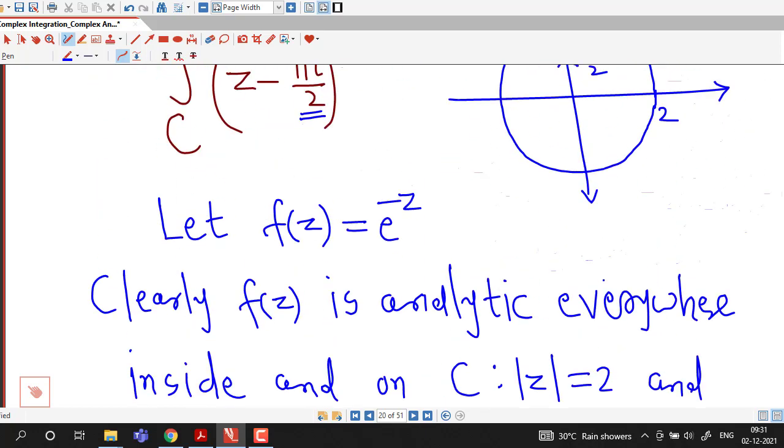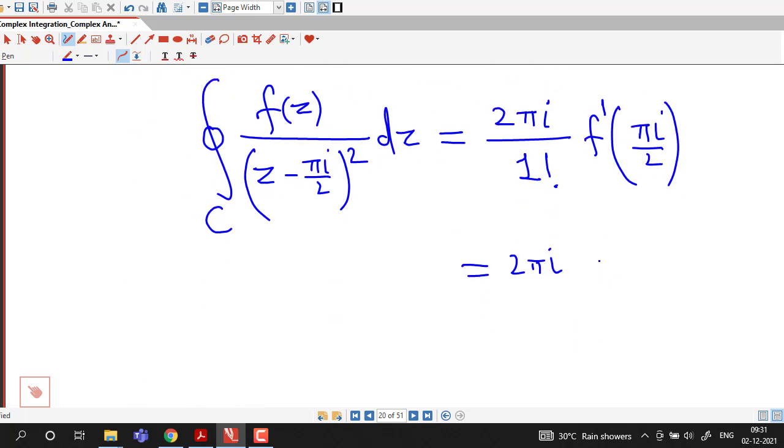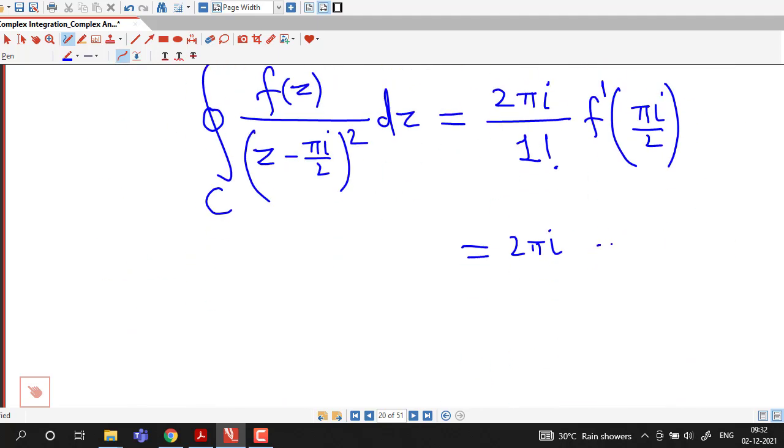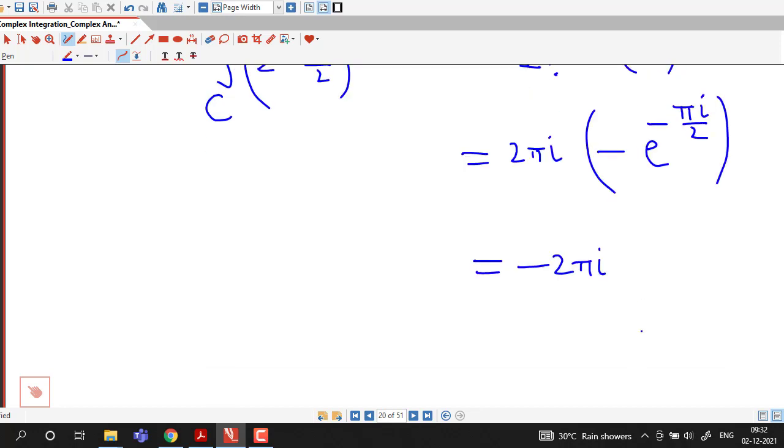Our function is e raised to minus z, so its first derivative is e raised to minus z times minus 1. So it is minus e raised to minus z. We are interested in the first derivative at pi i by 2, so we take z equal to pi i by 2. So we will have minus e raised to minus pi i by 2, and here this is negative 2 pi i times this.